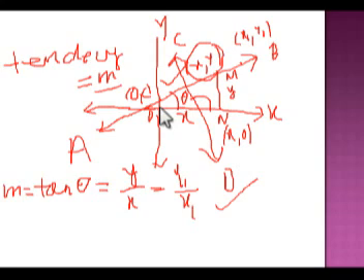If we multiply c by tan theta, the tendency, which is always constant for the full straight line, then we will get this distance.